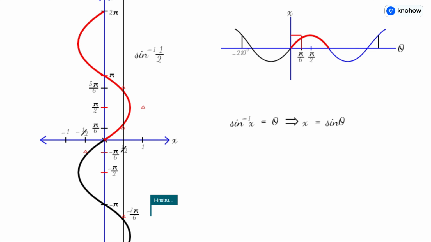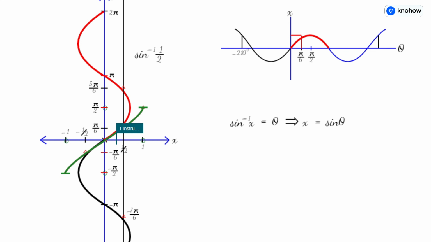Just confine yourself to this portion of the graph, where x of course lies between negative 1 to 1, but theta lies between negative pi by 2 to pi by 2, both inclusive. Just look at this portion carefully.